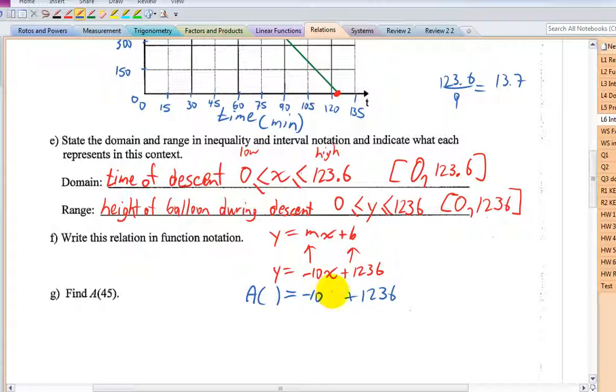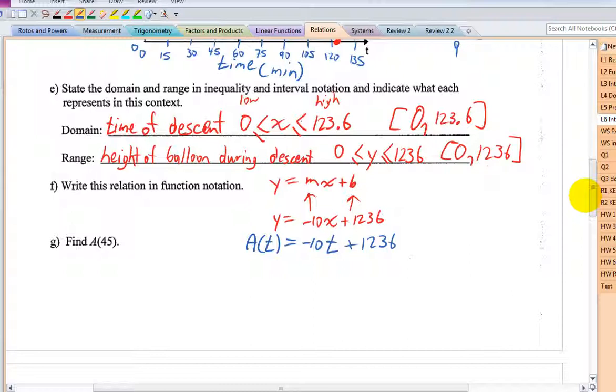Maybe we should use the letter t. And so what goes in the brackets then? The letter t. Whatever variable you're using. Okay. So now that you have your equation in function notation, it's not really different than your y equals mx plus b. Just a little bit.